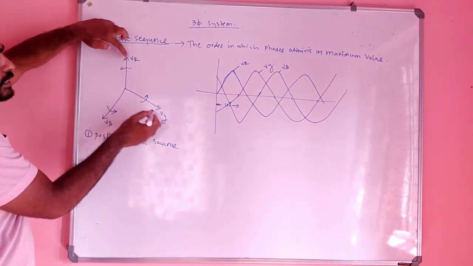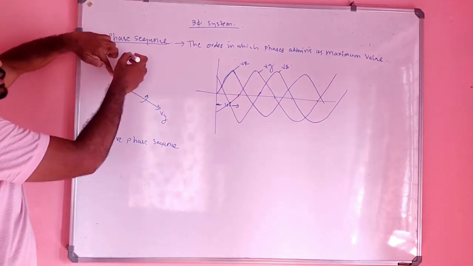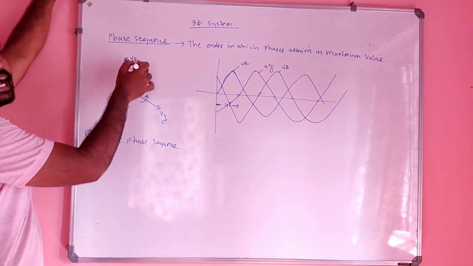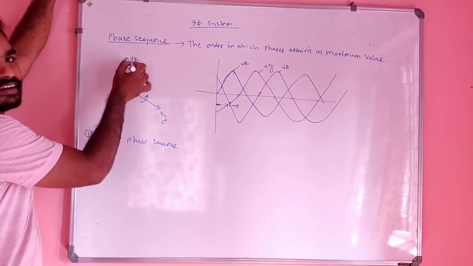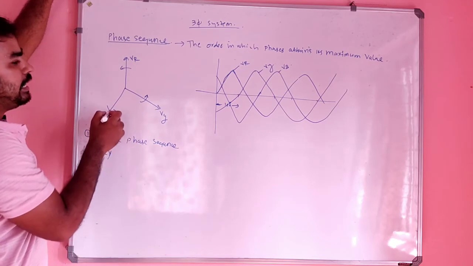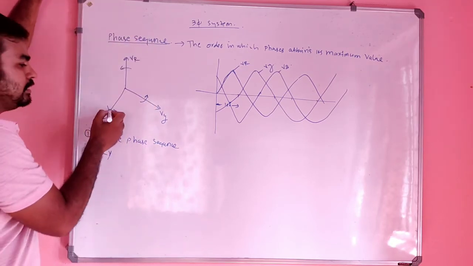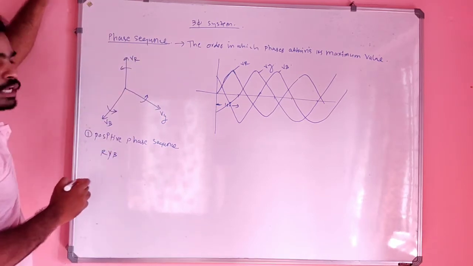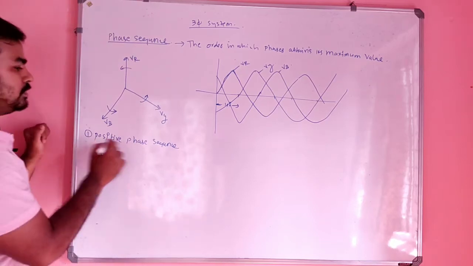So if I rotate this Y simply 120 degree towards anti-clockwise direction, then this Y will attain the same position as that of R. This Y will come here, right? So R, Y, and again I shifted it again 120 degree, it means this VB will come here, right? So it will be RYB.